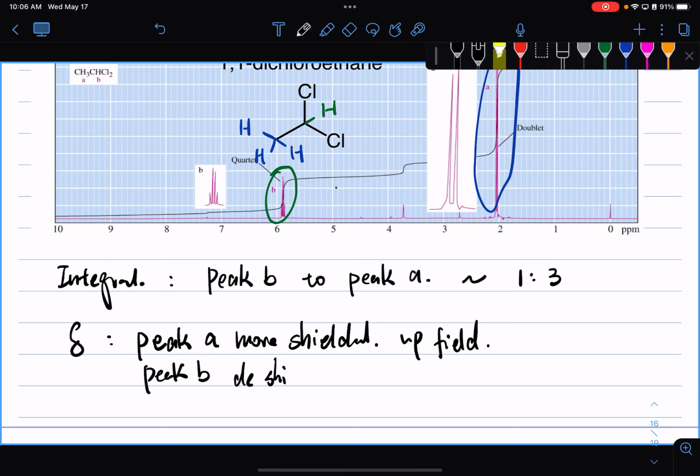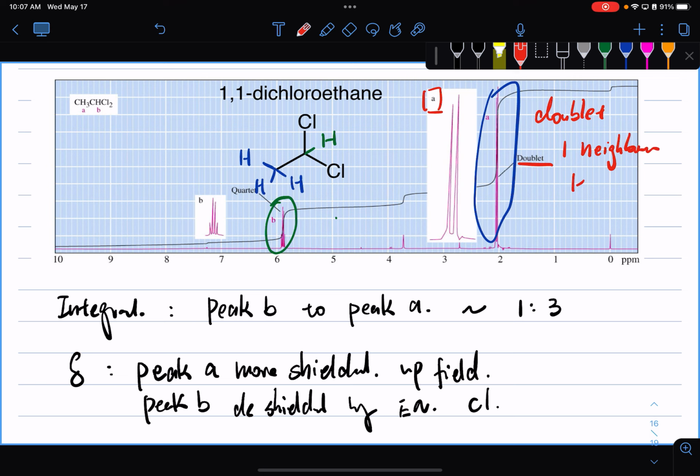All right? And then the splitting pattern. The splitting pattern is also telling us the same information. So if we look at the hydrogens here in peak A, this one is a doublet. What the doublet means is we have one neighboring hydrogen, which is my hydrogen on the carbon with 2 chlorines, just one green hydrogen, making that a doublet splitting pattern.